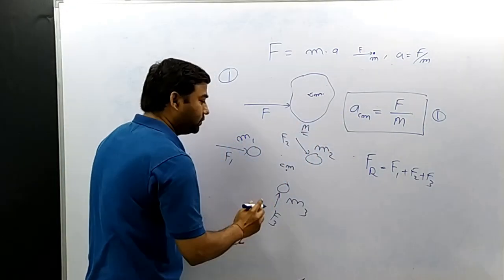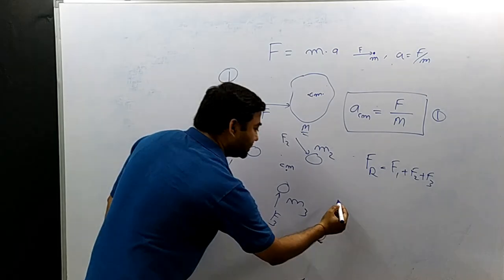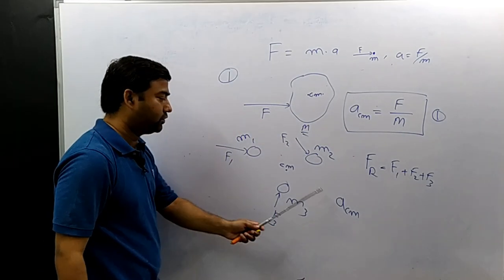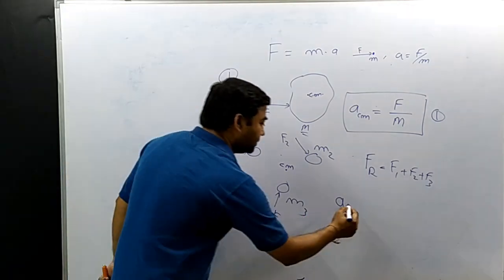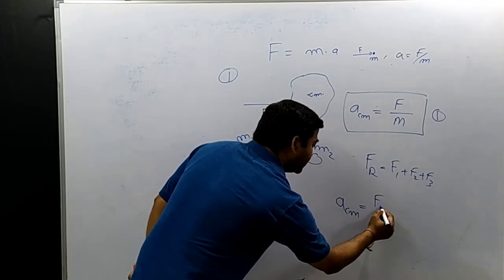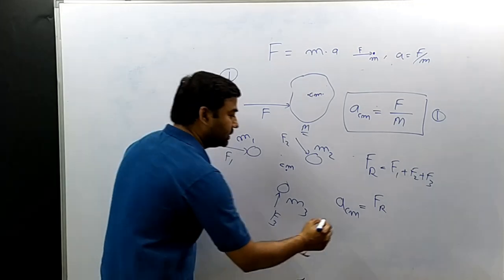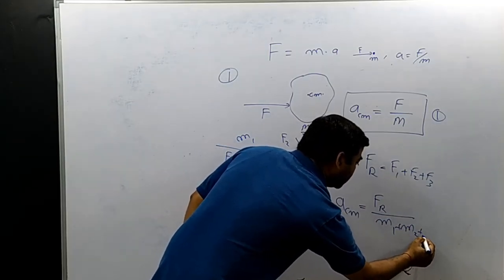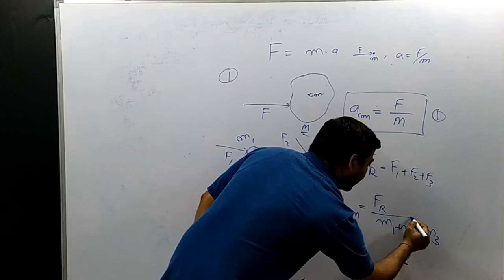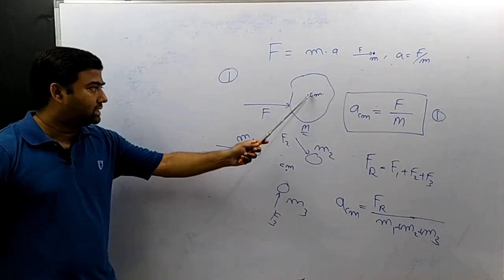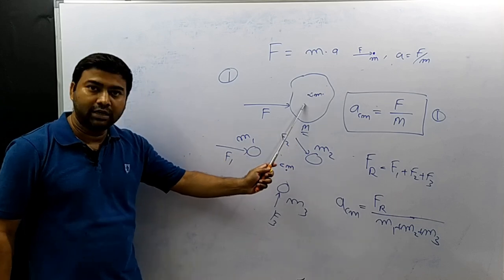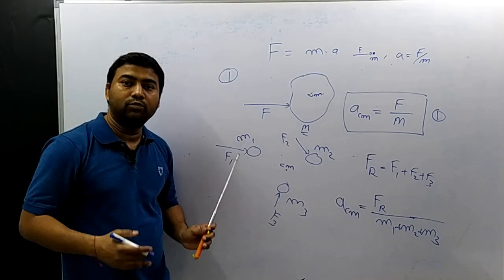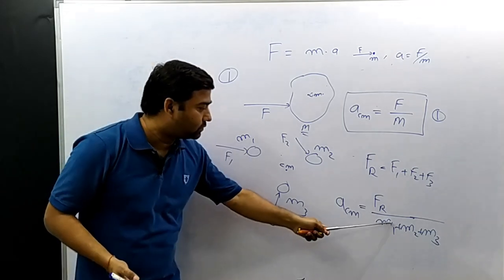Now by Euler's first law of motion, this center of mass will have acceleration. Acceleration of center of mass will be given by the total resultant force divided by the total mass M1 plus M2 plus M3. So Euler's law of motion for a single body is extended for a system having more than one mass in this form.